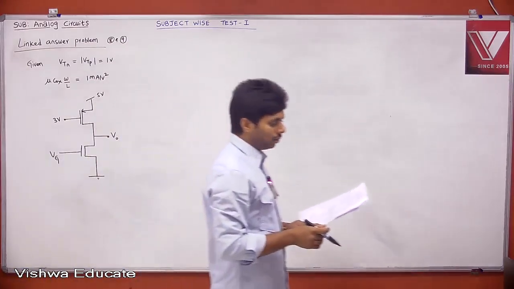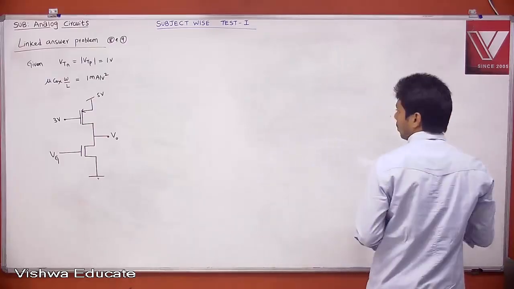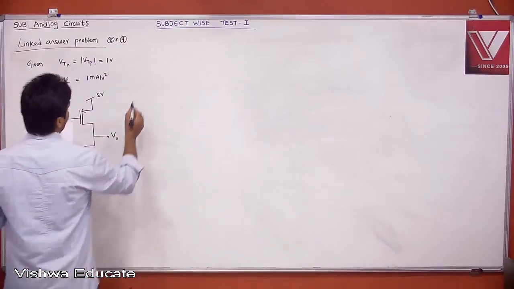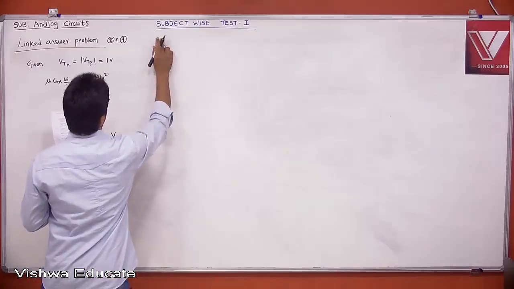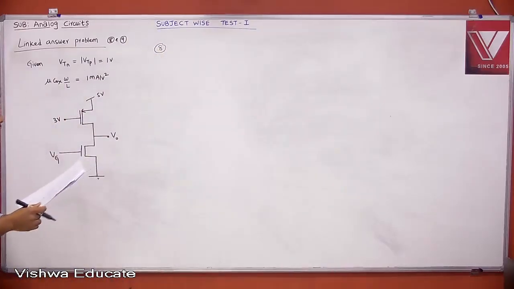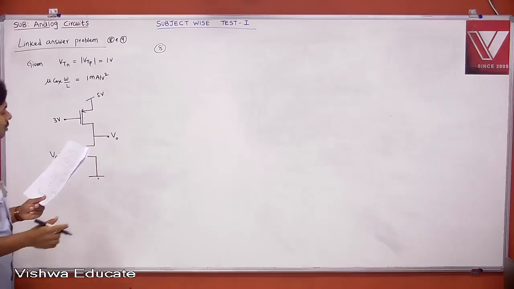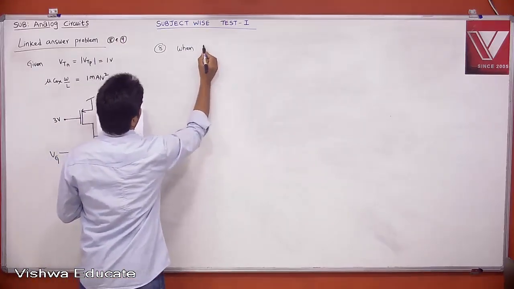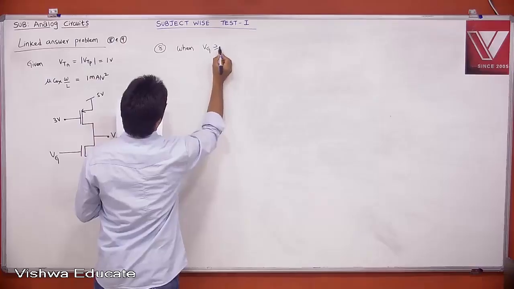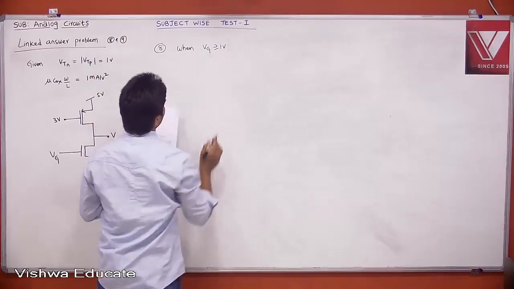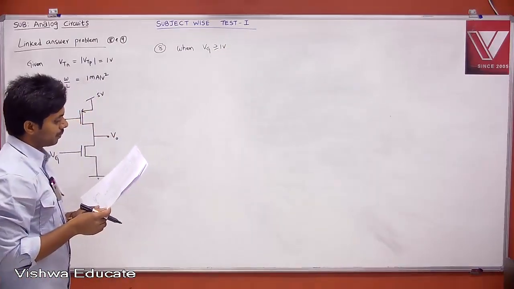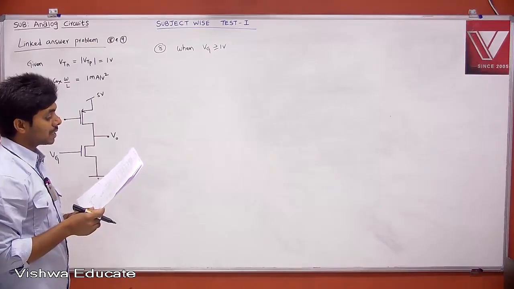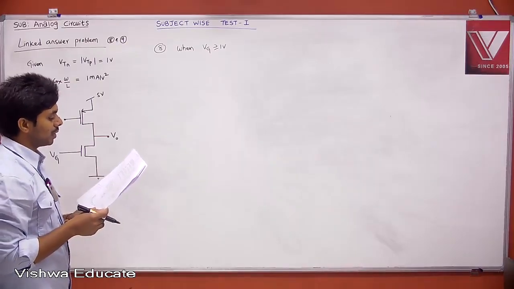Now, what is the eighth problem? Problem number 8: for a small increase in Vg beyond 1 volt, when Vg is greater than or equal to 1 volt, which of the following gives the correct description of the region of each MOSFET?